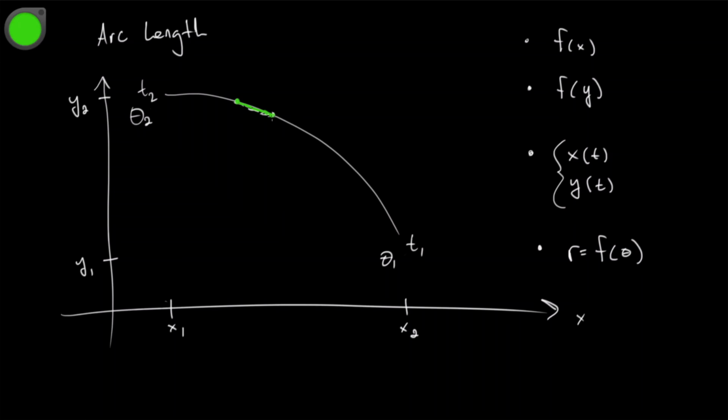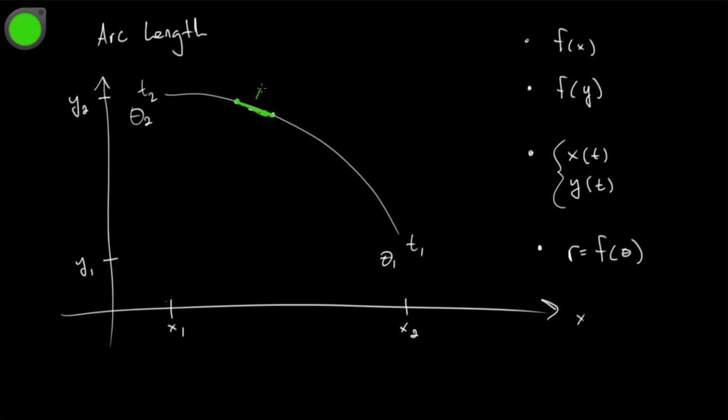We're going to find this length, and then we're going to do that an infinite amount of times along the curve, from t1 to t2, from theta 1 to theta 2, from x1 to x2, from y1 to y2. We're going to find an infinite amount of infinitely small lengths, and this is going to end up being a Riemann sum.